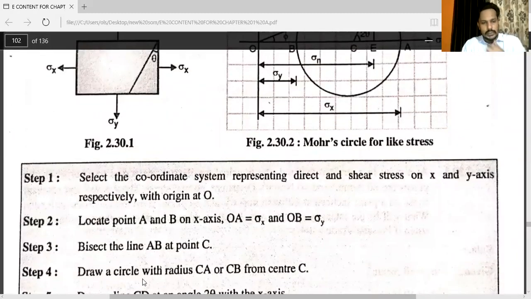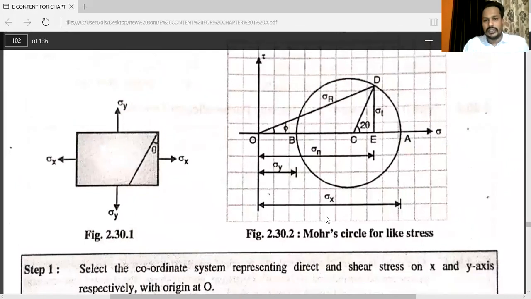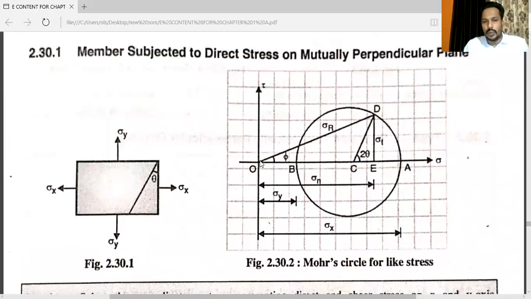Now, draw a circle with radius CA or CB from center C. See, first of all, you have to draw the x-axis, then the y-axis. After that, you have to locate OA equal to sigma x, OB equal to sigma y.